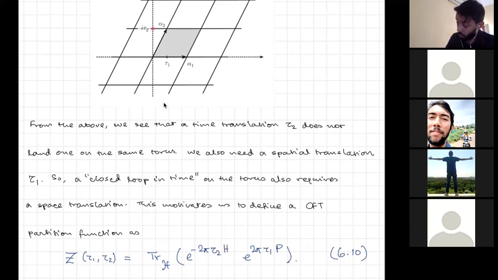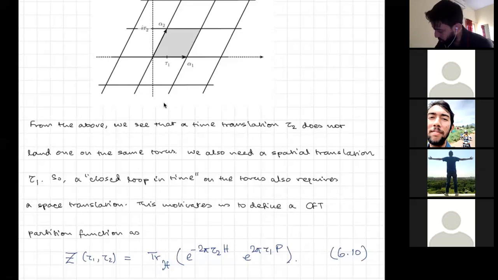Remember, only this will not do. You also have to do something in space. So that is this tau1 into the space translation operator, which is P, and you need to trace this over the whole Hilbert space H, and that is what you will have.